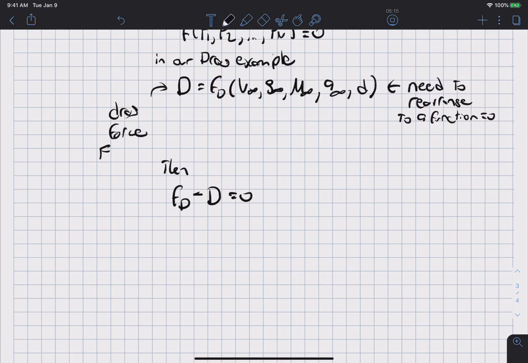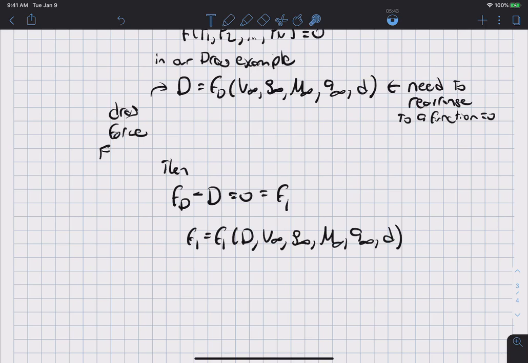And this will be equal to some f1. And this f1 is some function of d, V infinity, rho infinity, mu infinity, speed of sound, and d. Okay.